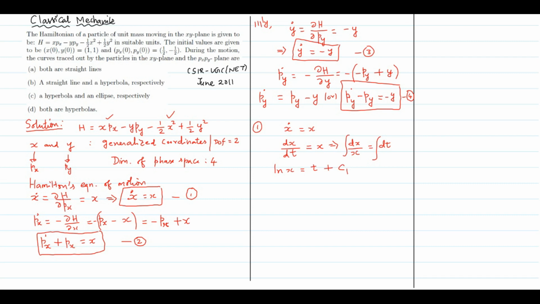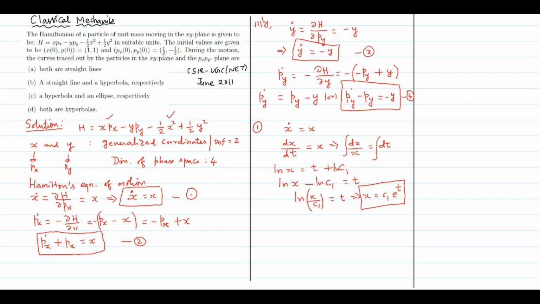I can take this integration constant to be the logarithm of a constant, for our convenience. So this can be written as logarithm of x minus logarithm of c1 equals t. So logarithm of x by c1 equals t. So x can be written as c1 times e power t. If you take the logarithm to the other side, it becomes exponential.